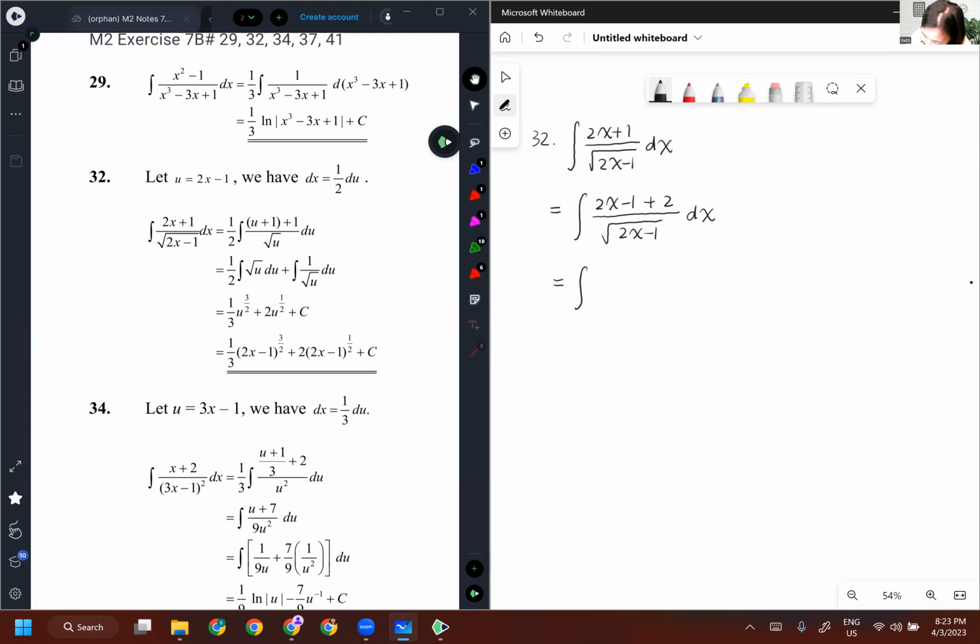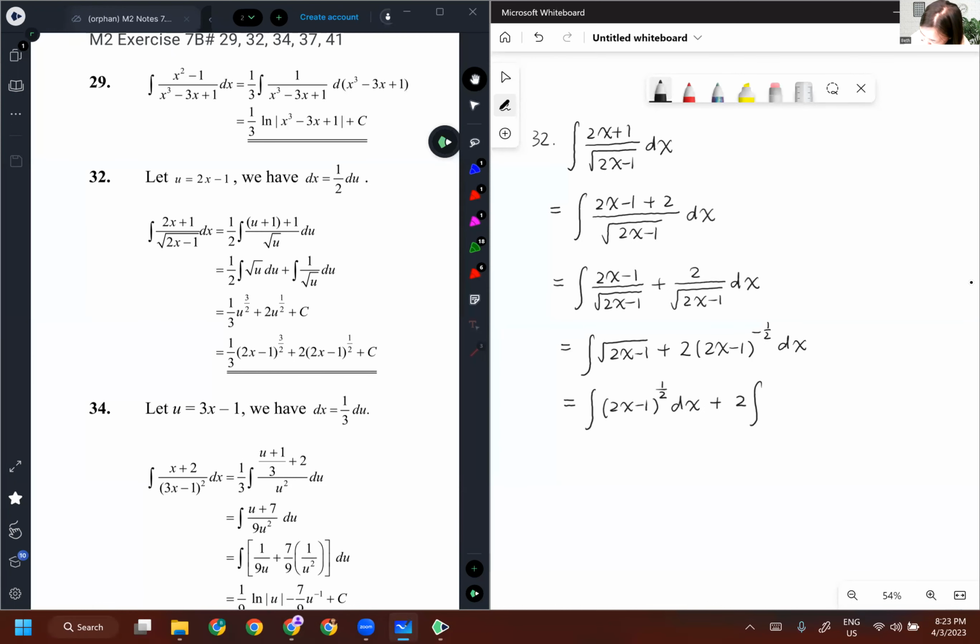And that is equal to (2x minus 1) over the square root of 2x minus 1, plus 2 over the square root of 2x minus 1, and that is equal to (2x minus 1) to the power 1 over 2 dx plus 2 times (2x minus 1) to the power negative 1 over 2 dx.